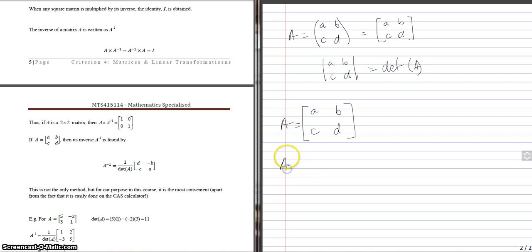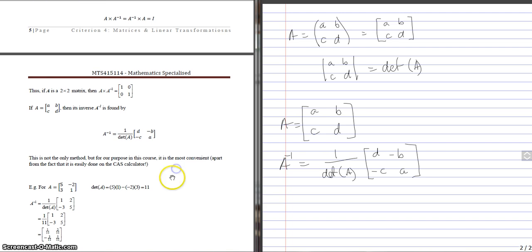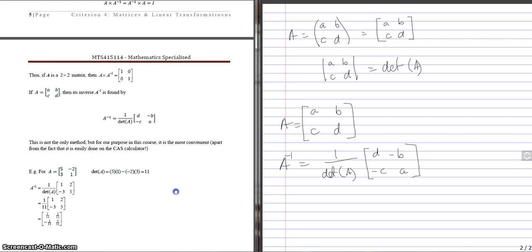In order to find the inverse of A, it's 1 over the determinant of A, and we multiply that by the matrix where A goes to D and D goes to A. It's D, A down the bottom there, and B and C simply have their signs reversed, but their positions remain the same. This is not the only method, but for our purpose in this course it is the most convenient, and it's easily done on the CAS calculator.